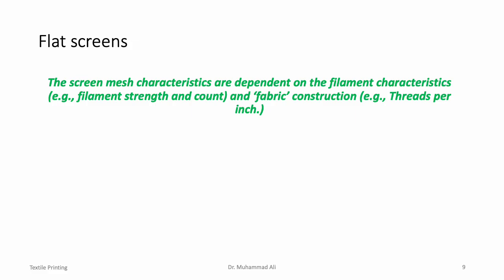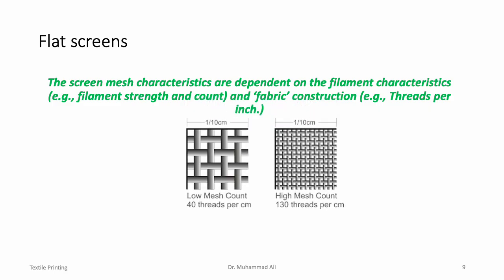For example, the strength of the polyester filament that you have used in making the mesh, and the fineness of the polyester filament, that's the denier. And then because it's a 1 by 1 plain woven fabric, the fabric construction, that is threads per inch, also affects the mesh characteristics. Let's discuss this in greater detail.